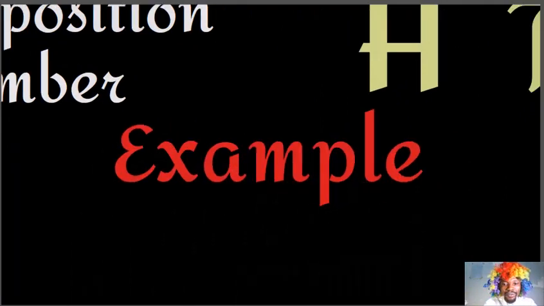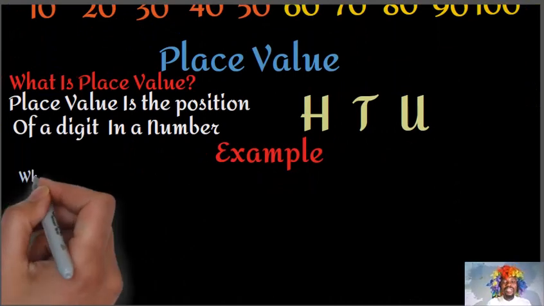And then we have them to be hundreds, tens, and units. All right. Position in a number. And oftentimes these are all positions. 100 is a position, tens is a position, and U for unit is a position. Now, the position of each digit in a number is what we call place value.